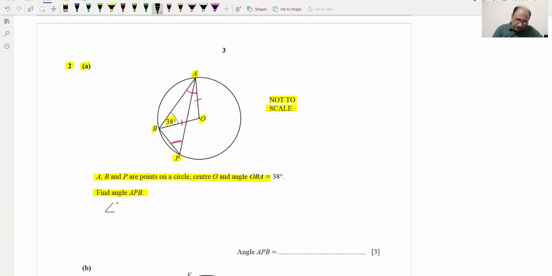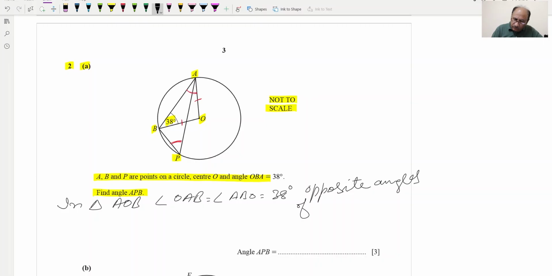So we can write in triangle AOB, angle OAB is equal to angle ABO, which is equal to 38 degrees, and the reason we can write: opposite angles of same sides.